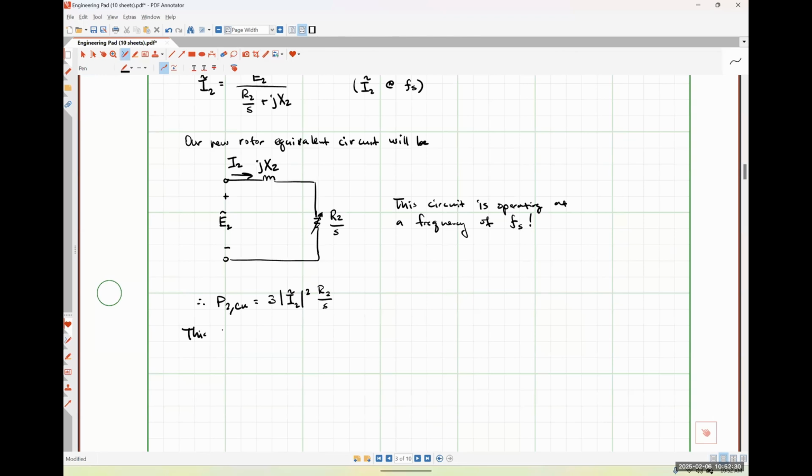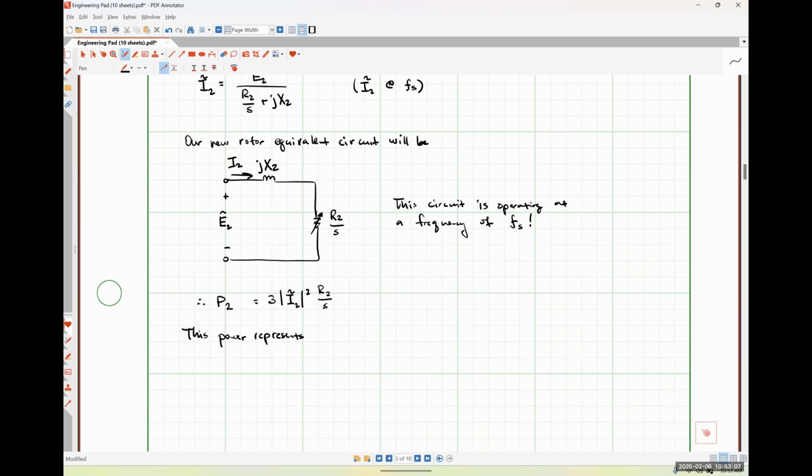This power, sorry, I made a mistake. There shouldn't have been a CU there. So this is not our copper losses specifically now. This is the total amount of power that has crossed the air gap.